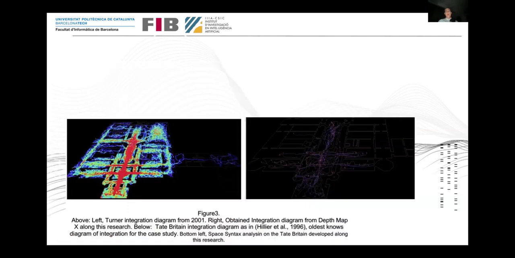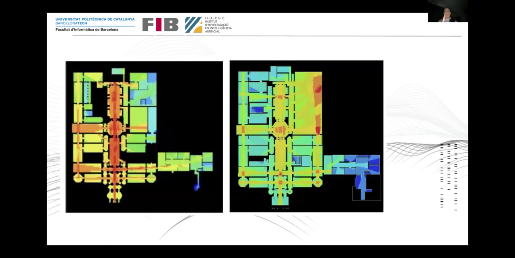The diagrams were developed just to test against the initially published Turner results, that with the platform we were still obtaining the same kind of diagrams for the navigation of the space. On the left we have Turner's, and on the right we can see the type of diagrams we were obtaining with DepthMap 10.